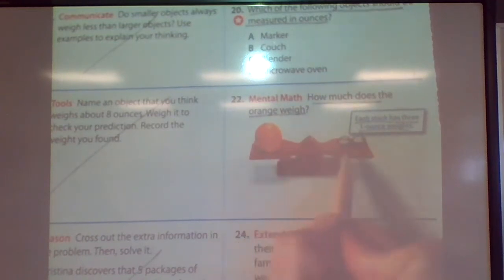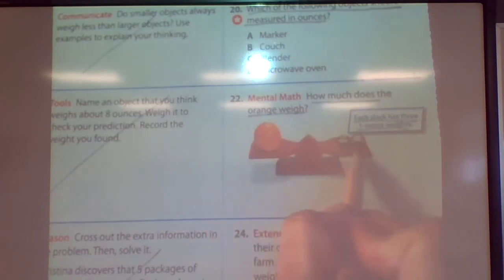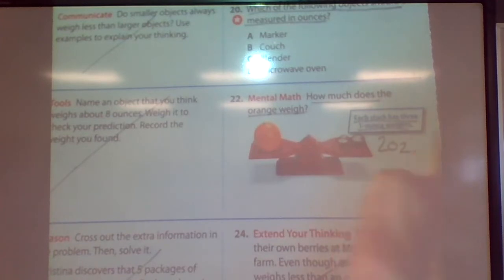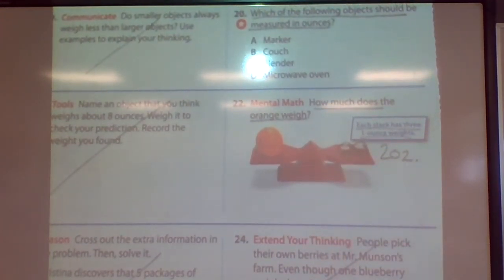This means the orange weighs as much as these weights over here. If this is an ounce and this is an ounce, how many ounces are total? About 2 ounces. The orange weighs 2 ounces.